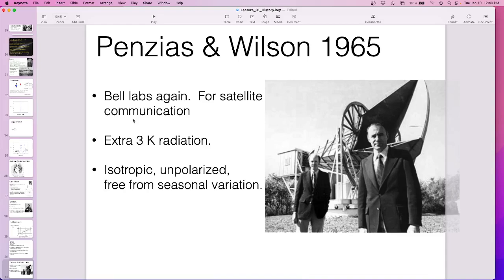And what they found was a bunch of stuff about noise, so that Bell Labs could successfully use centimeter wave carriers for their communications. But they also found this extra 3 Kelvin radiation that's everywhere, completely uniform everywhere in the sky. They have this 3 Kelvin background signal.